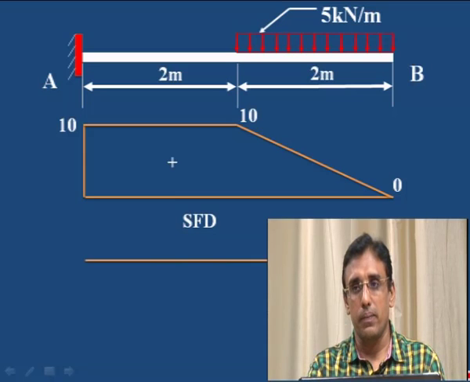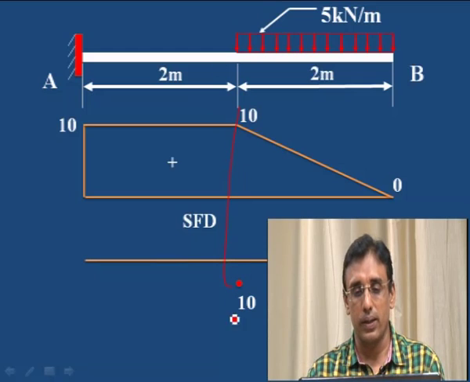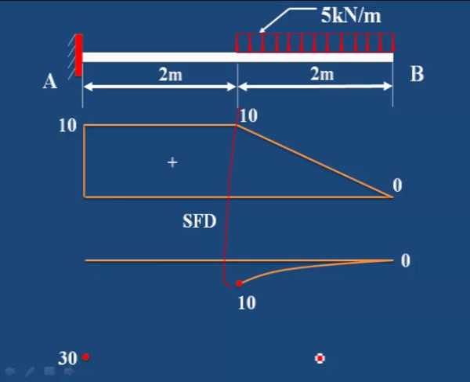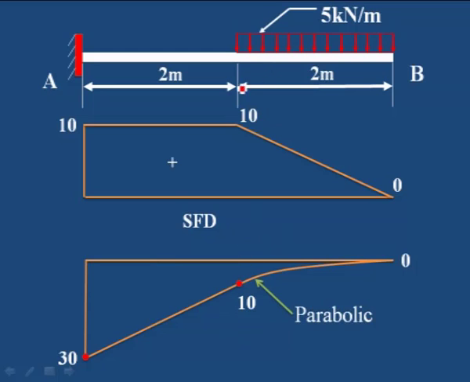This is the shear force diagram. Next, the bending moment diagram. Draw a horizontal line first, then mark the points. 10 kilonewton meter acts at this point. Project this point and mark the 10 kilonewton meter, then mark 30 kilonewton meter, and join. What we can observe here: this is the point where the bending moment is 10 kilonewton meter, and from this point from C to B, it is a uniformly distributed load.